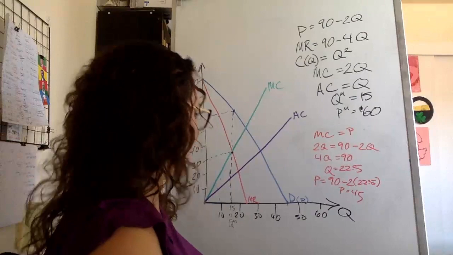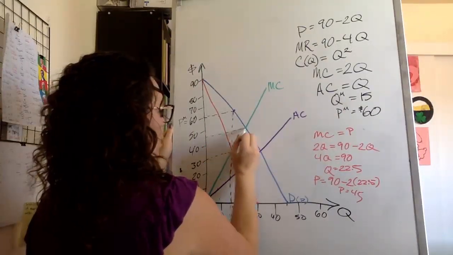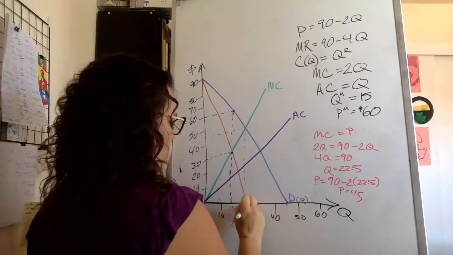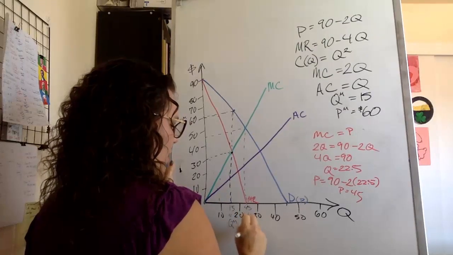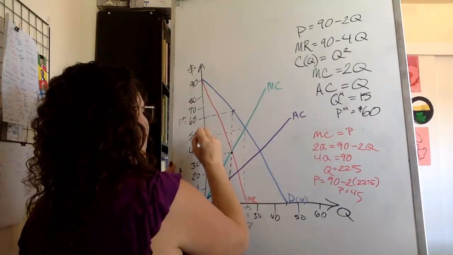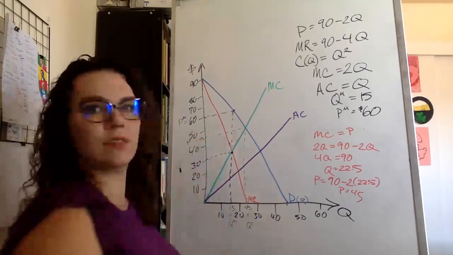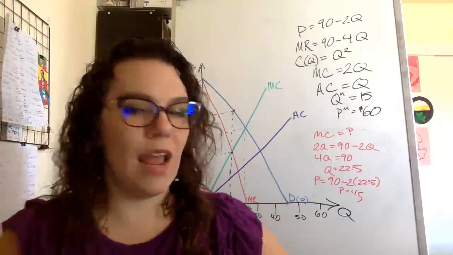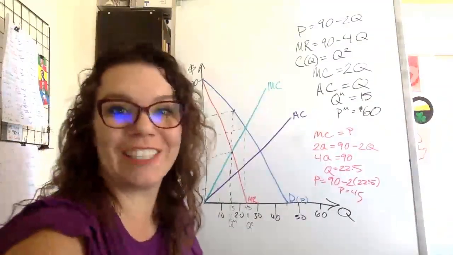So that's going to mean this point right here, right? That would be the competitive quantity and competitive price. Does that make sense? Now we can talk about the welfare cost, right?